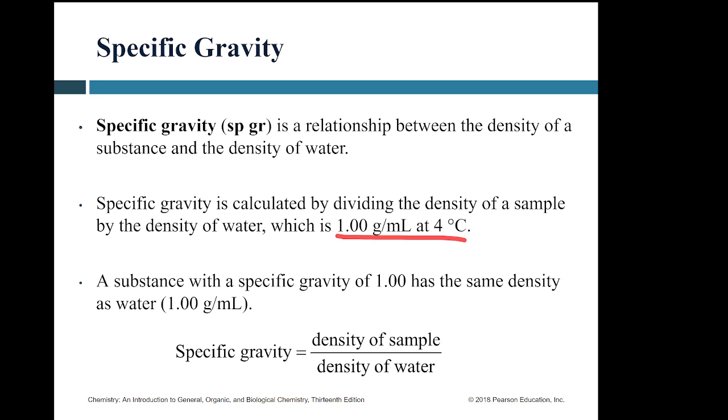So a substance with a specific gravity of 1 has the same density as water, and you would expect if you put it in water for it to just sort of bob around at whatever level you put it at. If it has a density that's greater than water, what would you expect? Sinks, yeah. Like a lead weight. If it has a density that's less than water, what would you expect? Yeah, float, like a cork or something.